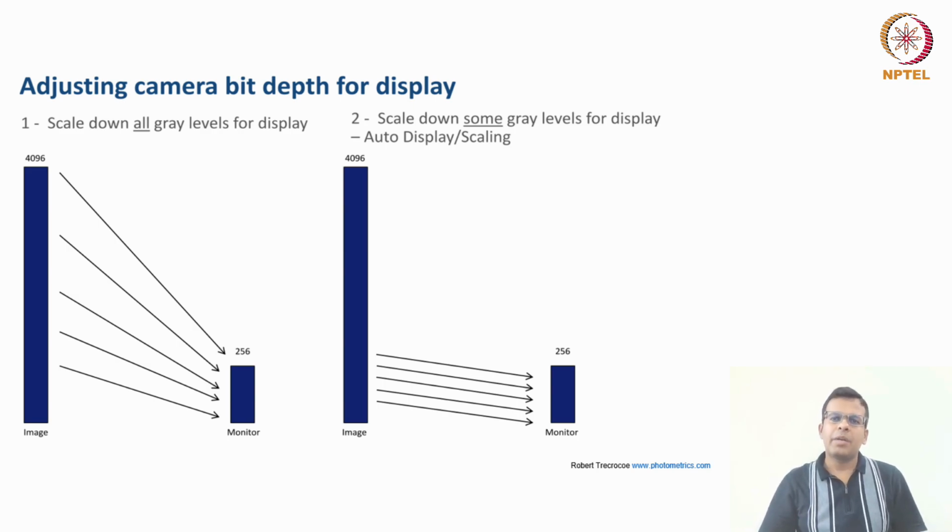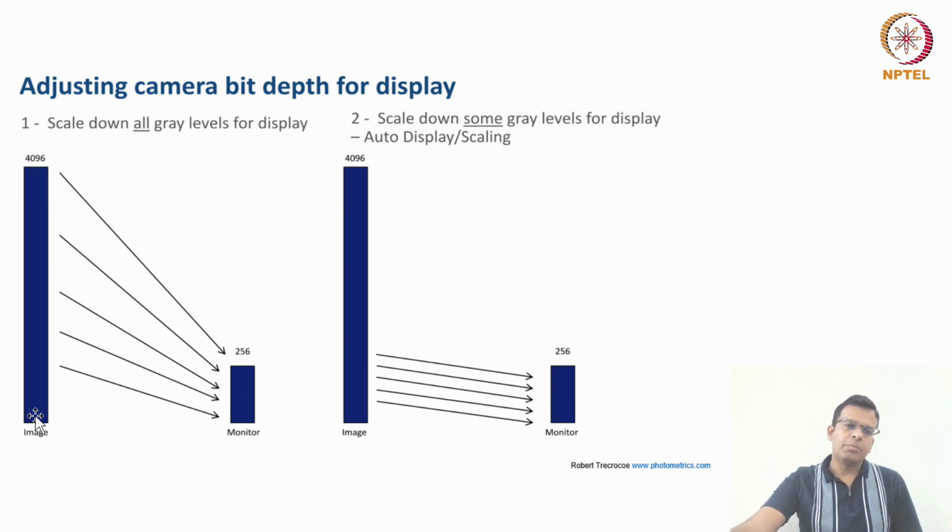Adjusting the camera bit depth for display. You may see that your computer screen can visualize only 256 grayscales. That means it can produce an 8-bit image.